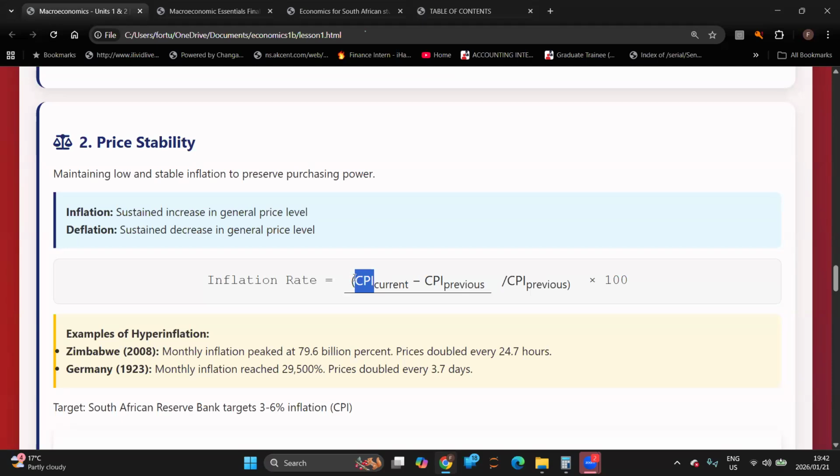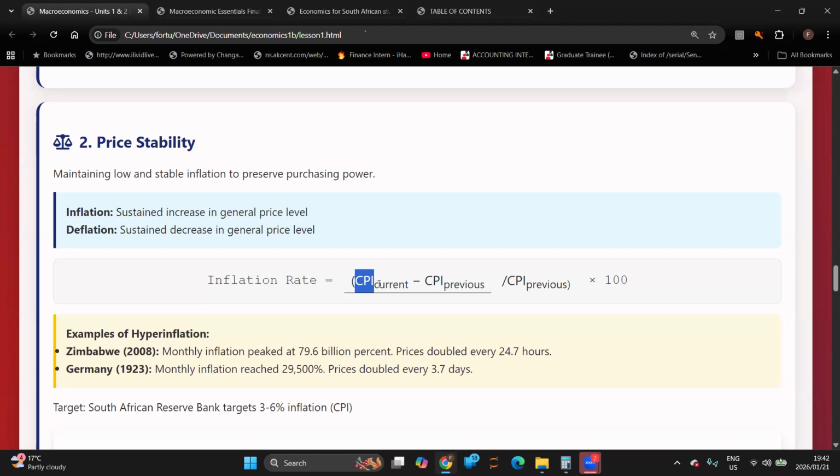Then at the end of the day, they get what they refer to as the consumer price index. So for the purpose of this module, you're not going to get into the CPI itself, how CPI is calculated, it is not required, but you're going to be using the CPI itself to calculate the rate of inflation.